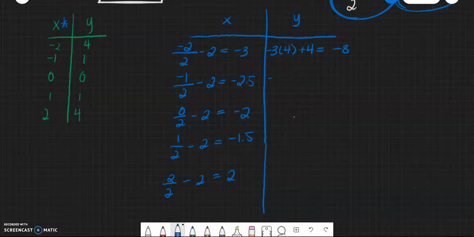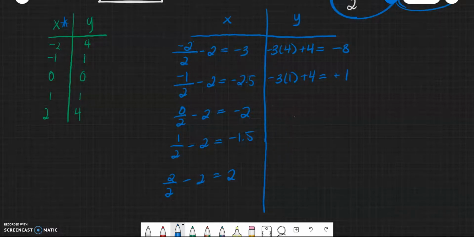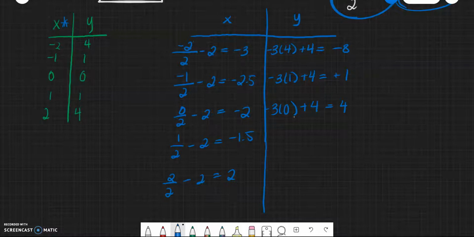Negative 3 times 1 plus 4 is going to be a positive 1 again. And then negative 3 times 0 plus 4 is going to be 4. Negative 3 again times 1 plus 4 is going to be 1. And then negative 3 times 4 plus 4 is going to be negative 8.